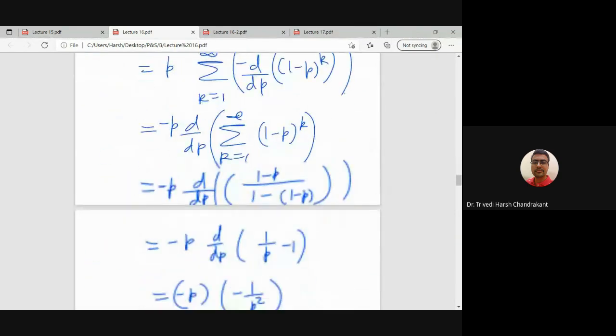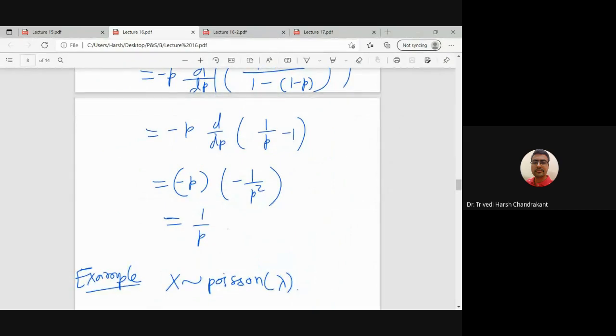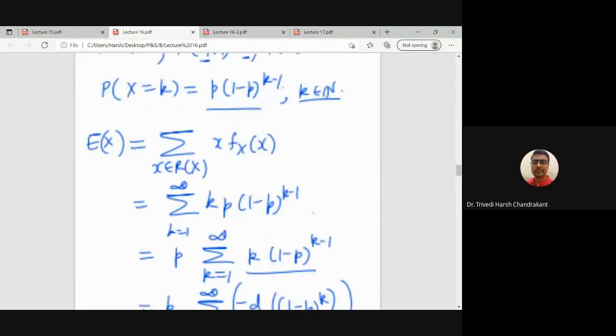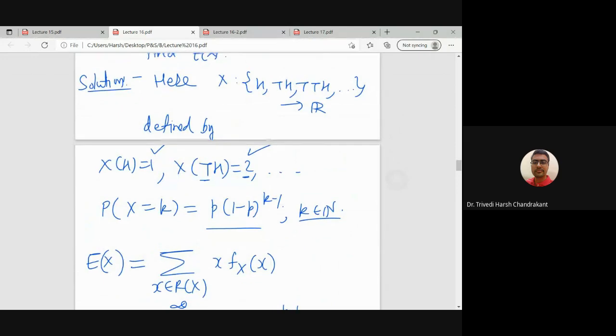So whenever we have a geometric random variable with parameter p, the expectation is 1 by p, that is the mean. We will require the expectation to find the variance, because the variance definition depends on the mean for every random variable. So whenever we are asked to find the variance, the first thing we need to find is the mean. We'll see the actual definition in today's class.